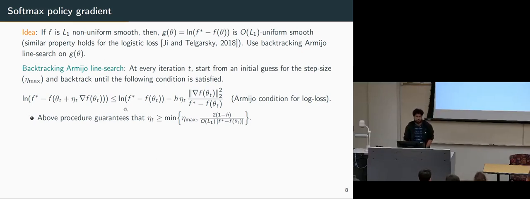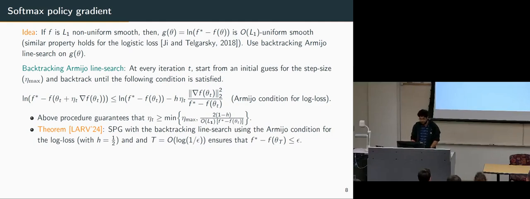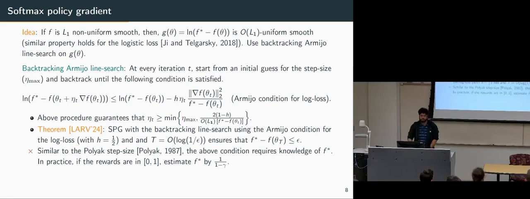Well, f star still needs to be known, but that is easier to estimate. Again, you can prove the same thing. Backtracking line search using the Armijo condition, with log 1 over epsilon iterations, does ensure this theorem holds.